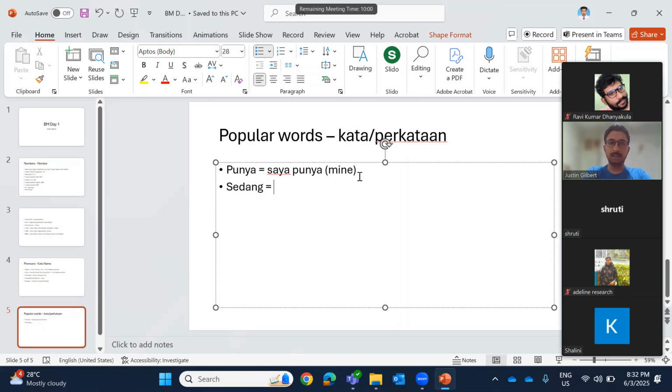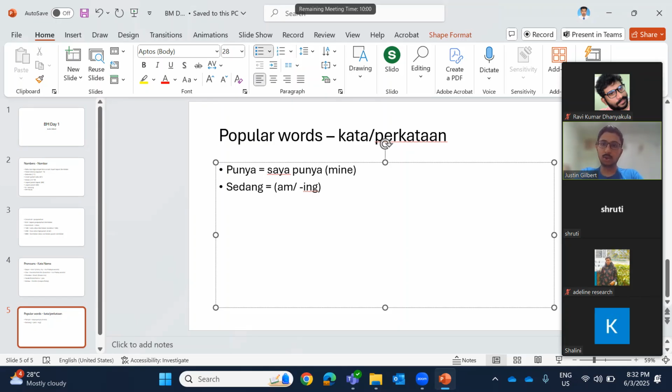The word sedang doesn't have any meaning of its own, but we can consider it as "am". In English, when do we use "ing"? When someone is doing something. So "ing" originates from doing.